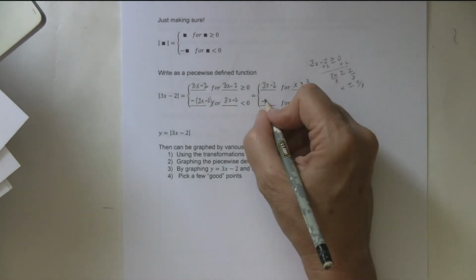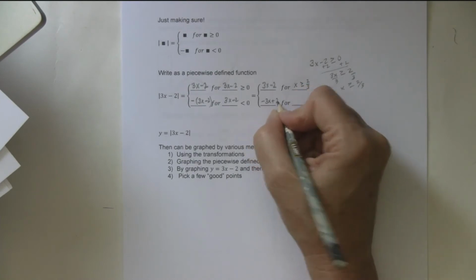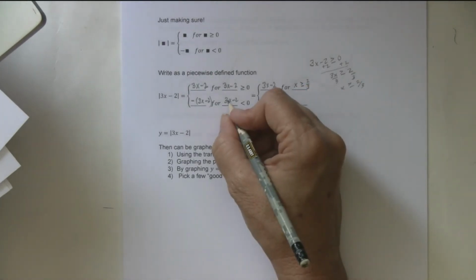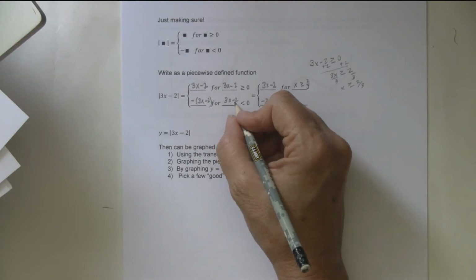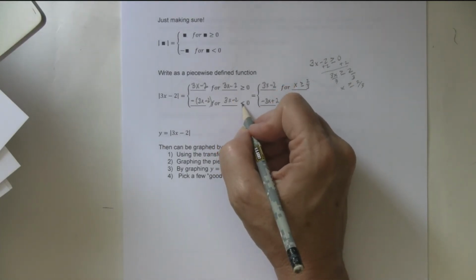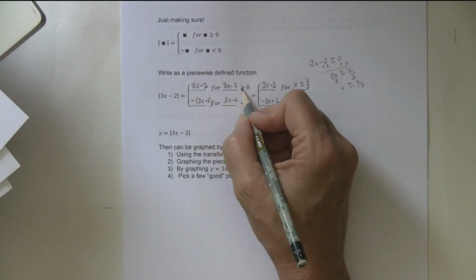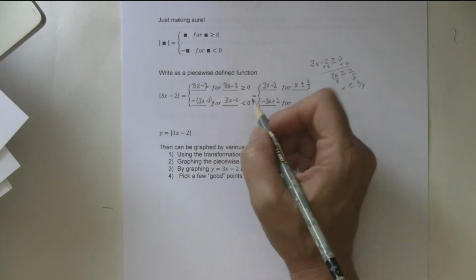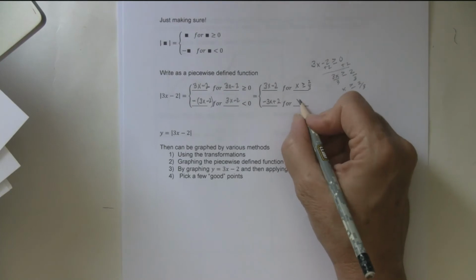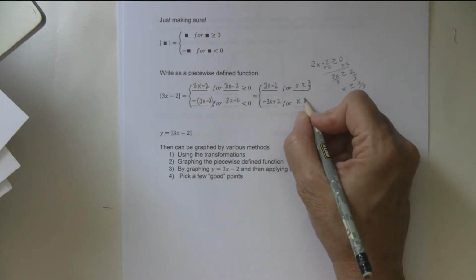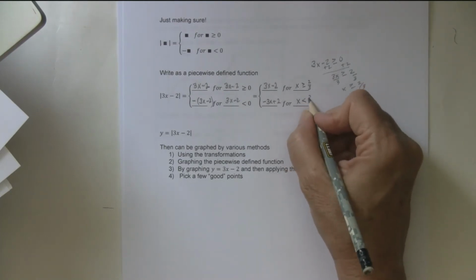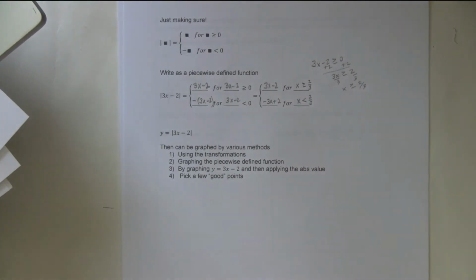And here you have negative 3x plus 2. If you solve this and do the work on it, notice it's the same except for that symbol right there. These are exactly the same except for greater than or equal to and less than. And so I'm going to be lazy, this is just going to be x is less than 2/3, whatever you had there. It'd be the same. Okay.